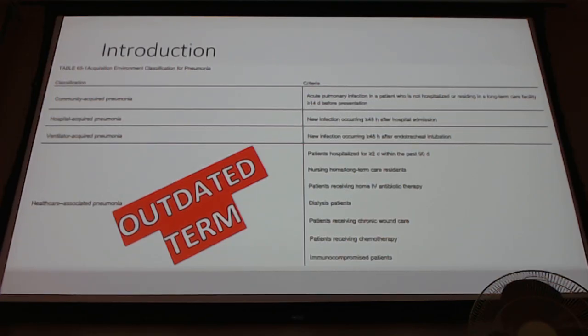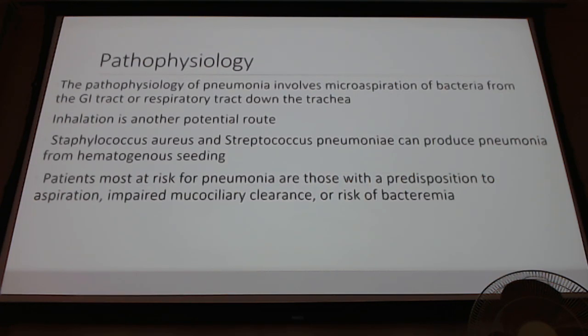We have hospital-acquired, so that's anybody with a new infection 48 hours into their hospital visit. Then we've got ventilator-associated, which is anything over 48 hours after intubation. We used to call it healthcare-associated pneumonia, which we don't call it anymore. It's an outdated term. Some people might still call it that, but it's technically not standard anymore.